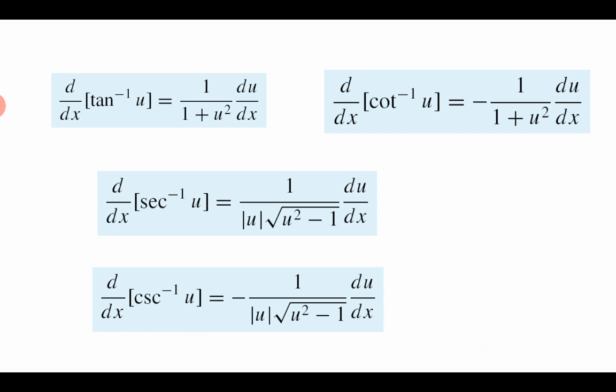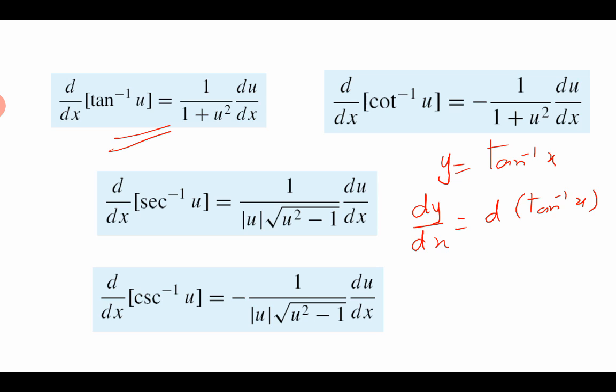Here there is another set of formulas. We can still verify one of these formulas, and let me take tan inverse. Our function y is tan inverse x. We have to find the derivative of y, dy by dx, which is the derivative of tan inverse x with respect to x. This is our question.